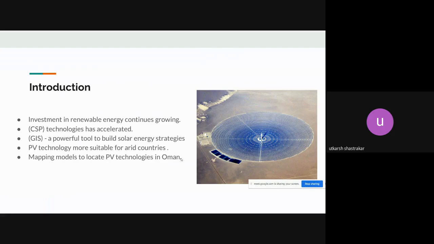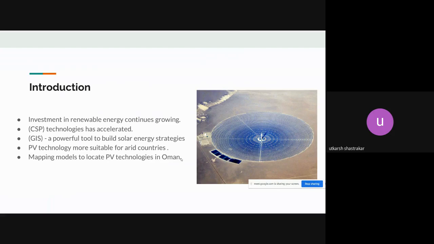The introduction also makes some comparison between the conventional PV technology and the CSP technologies. It is seen that CSP technologies have been growing throughout the world compared to the conventional PV technologies.